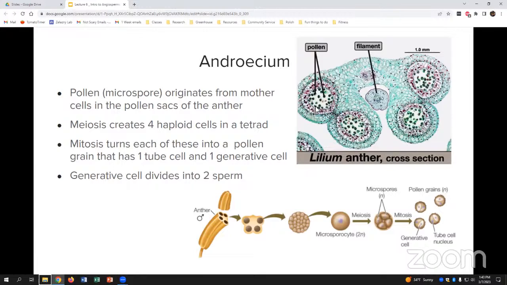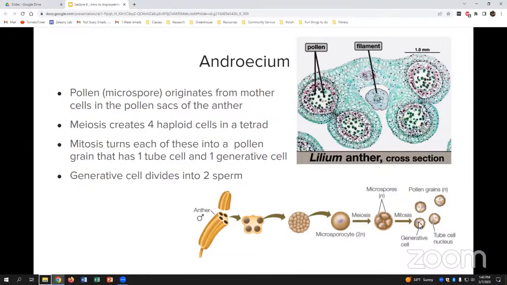A pollen grain here is actually not really just one cell. As we form our pollen, we're going to end up with one cell that's the generative cell and one cell that's the tube cell. And then the generative cell is going to form two sperm.